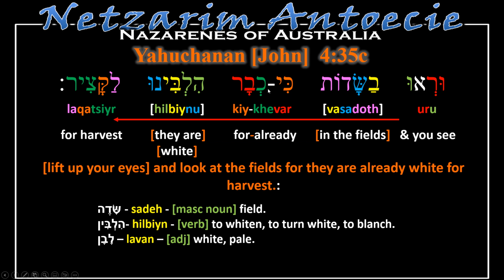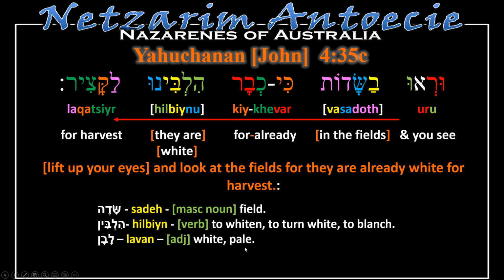Ki for kevar, already. They are white. If we look down here, I've got he'lbin, which is a verb to whiten, to turn white, to blanch. And its root word is lavan, adjective, white, pale.